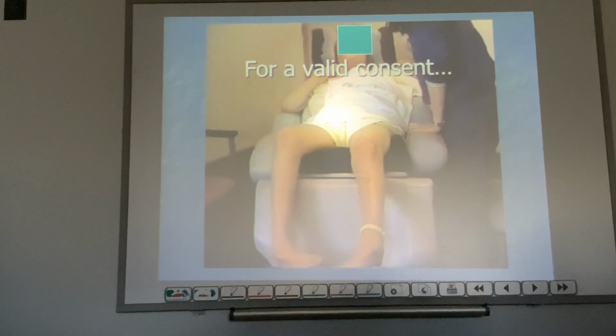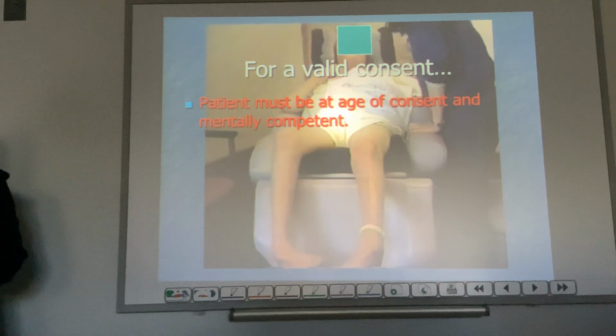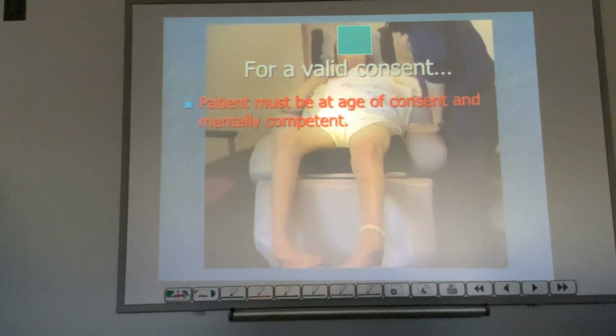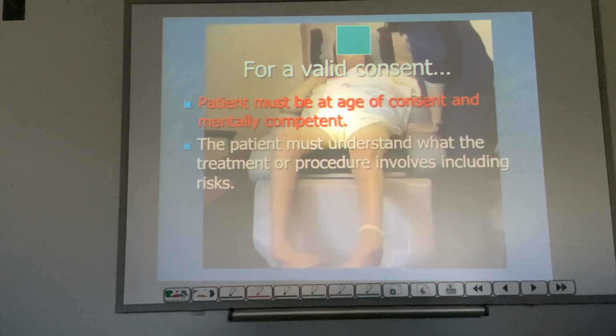All right, in order for a consent to be deemed valid, the patient must be in a good mental capacity, they have to be competent, and they also have to be of age. So they have to be 18 years or older. If that individual is underage, then the consent will need to be completed by their guardian or their parent.